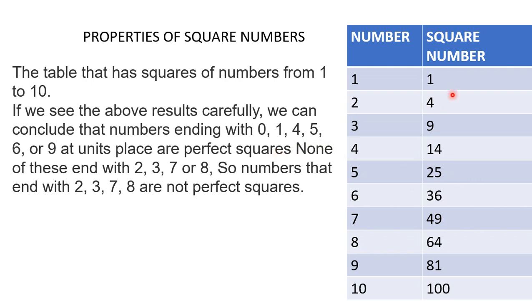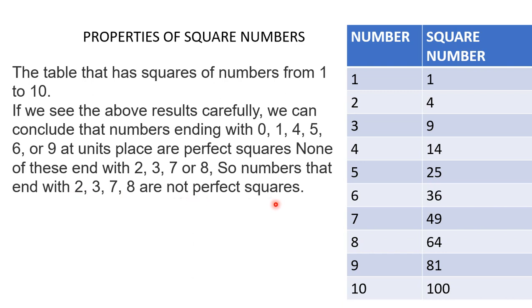And the remaining digits left in this column are 2, 3, 7, 8. So when a number ends with the digits, or we can say a number having unit digit 2, 3, 7 and 8, the number is not a perfect square.